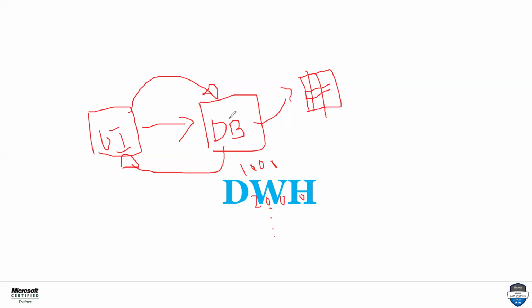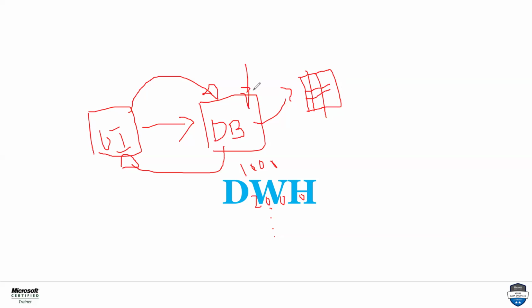Now the same database is being used for adding and recording transactions, and the same database is also being used for report generation. Both things are happening on the same database.